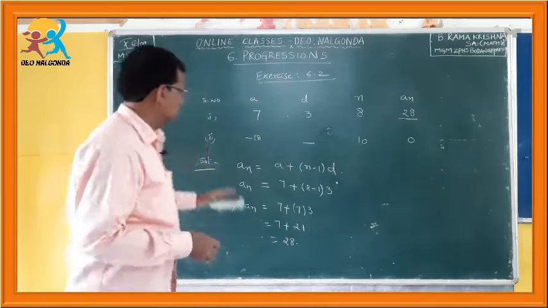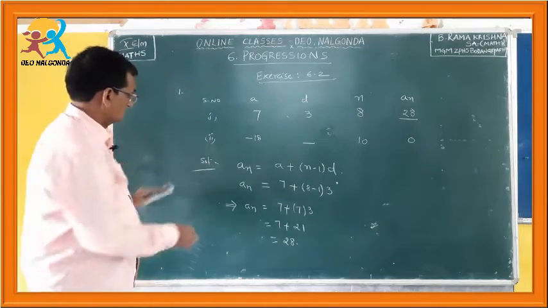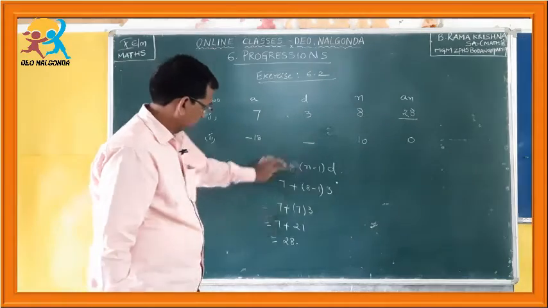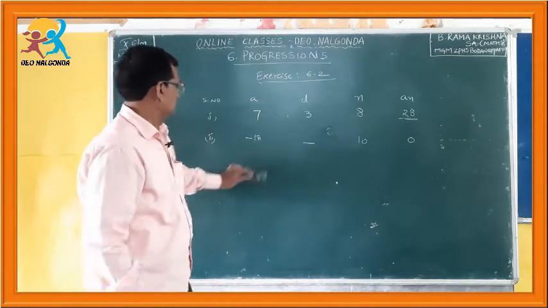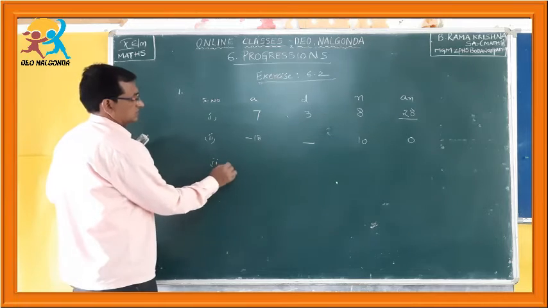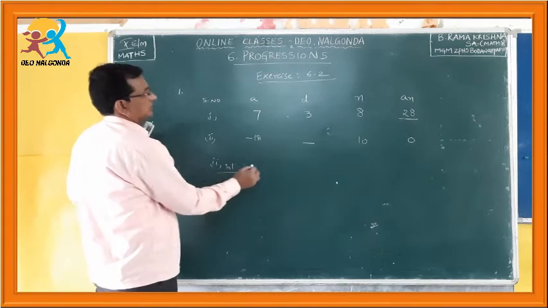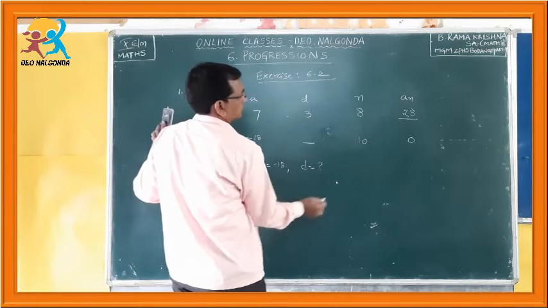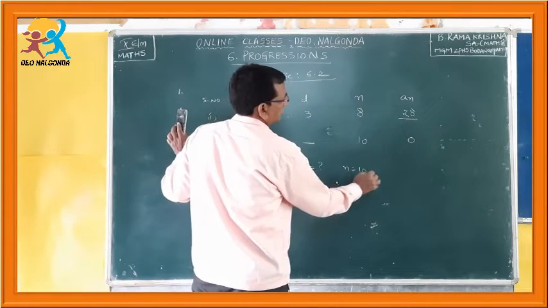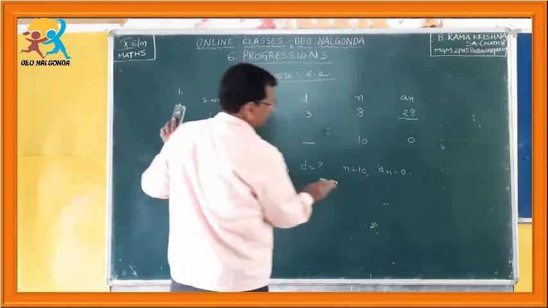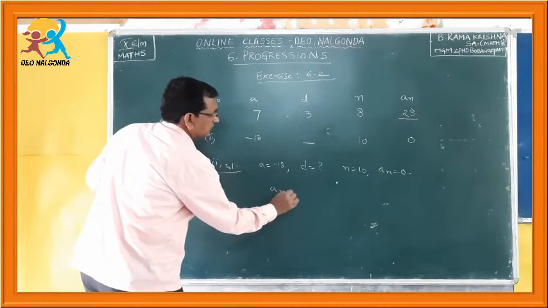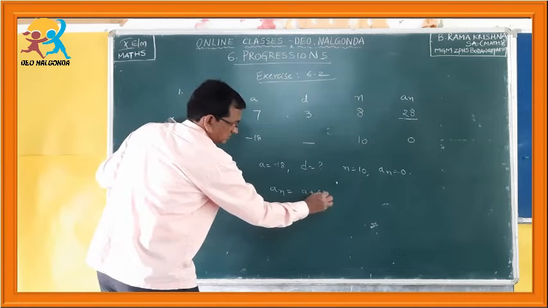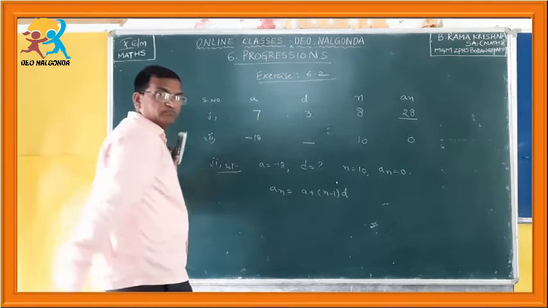Now, let us move on to the second situation. So this is the solution for the first one. Now, the second solution. What is given here? A is equal to minus 18, d you have to find out, n is equal to 10, An is equal to 0. What formula do we have to use? The nth term formula. An is equal to A plus (n minus 1) into d.